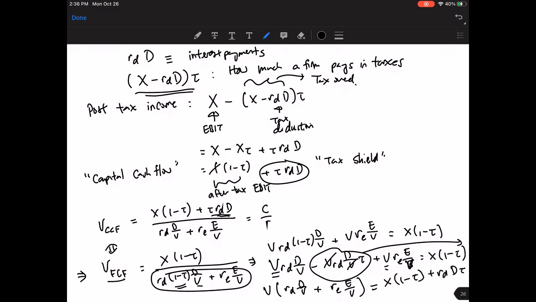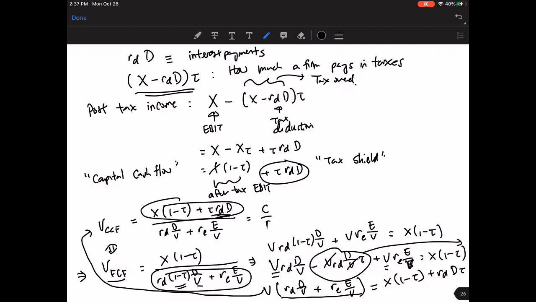Note that the right-hand side expression already looks like the numerator of the VCCV valuation of the firm. All that's left is to divide both sides by what now seems to be the pre-tax WACC. Once we move this RD times D over V plus RE times E over V to the other side, we arrive at this VCCV expression.